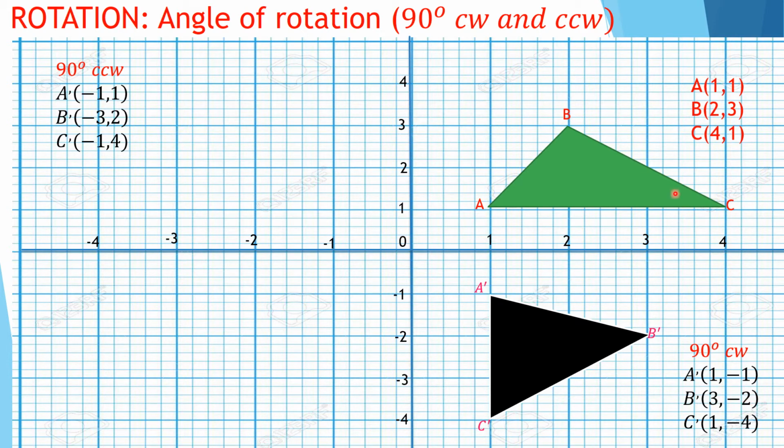For C, the 1 here, which is the Y, becomes the X here, and then the X here, which is 4, will be negated, and then we have (1, -4). That is how you do it, and then you plot, and you will see your figure in the right order. That is for 90 degrees clockwise.